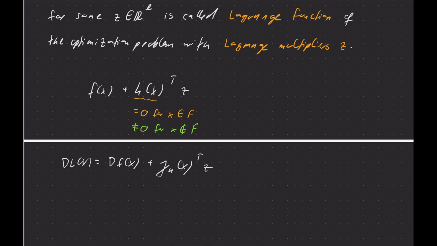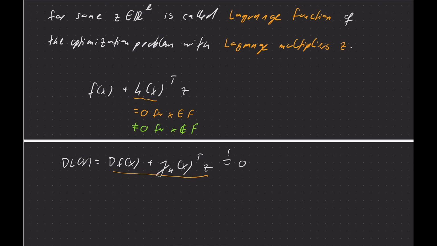And that is what we want. So we just take a look at this function here. We find stationary points of that function, and we find a corresponding good setting of that z vector.